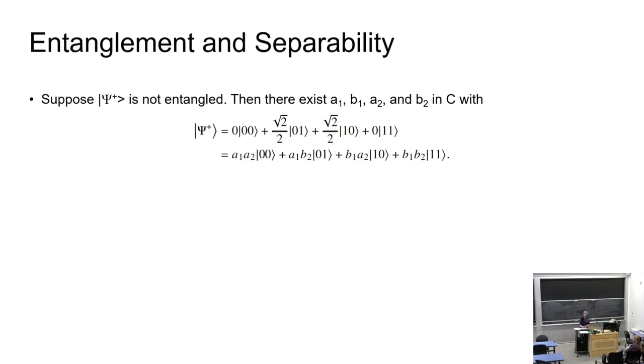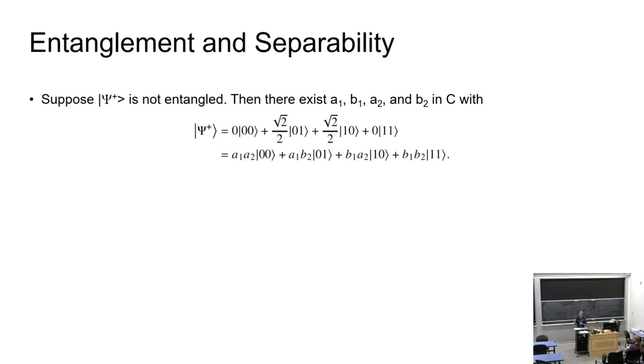So then A2 must be 0. And again, B1 times A2 needs to be square root of 2 over 2, and that can't be if A2 is 0. So that's also an impossibility.